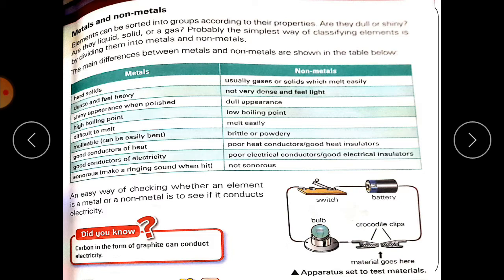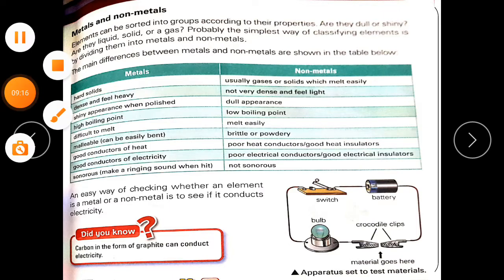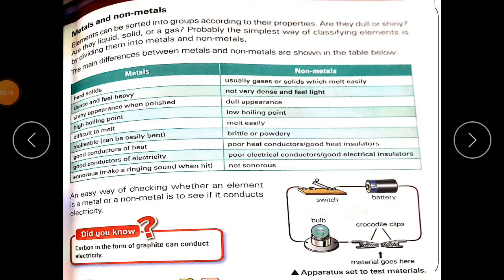So one form of carbon, the name of this form is graphite. This form of carbon also conducts electricity, and keep in mind carbon is a non-metal. Only carbon in the form of graphite conducts electricity.